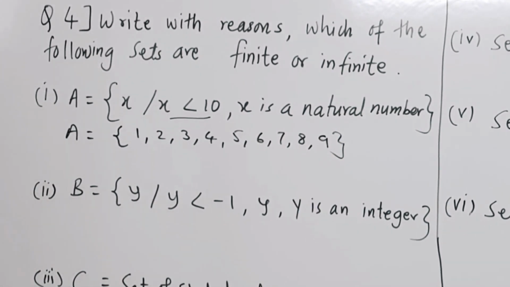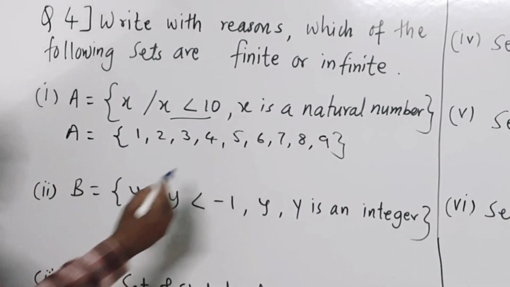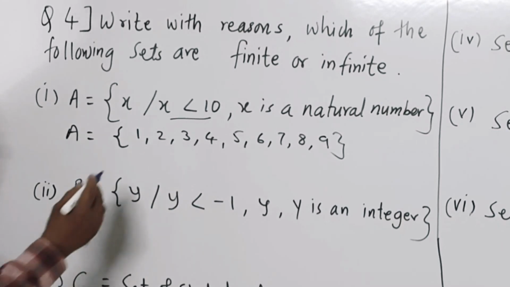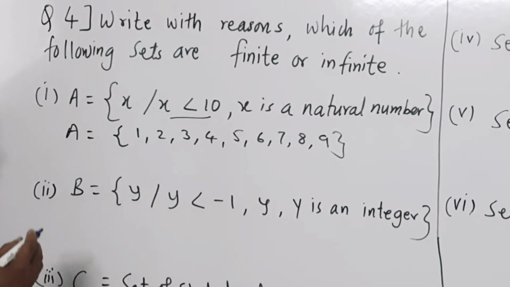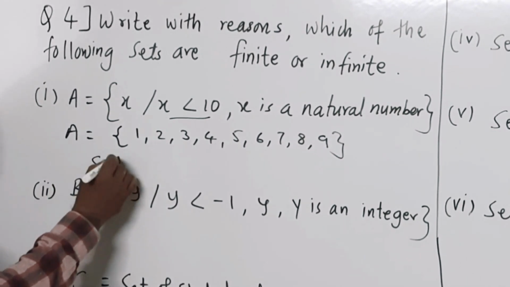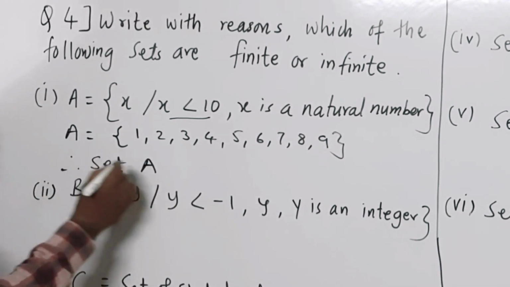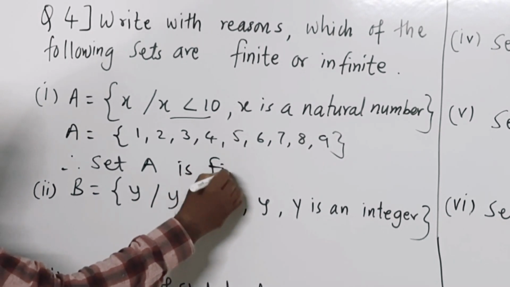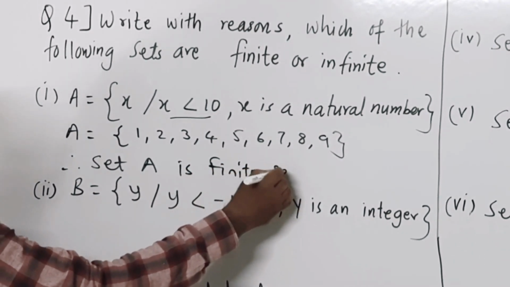So in set A there are 9 elements. We can count the elements, so set A is a finite set.